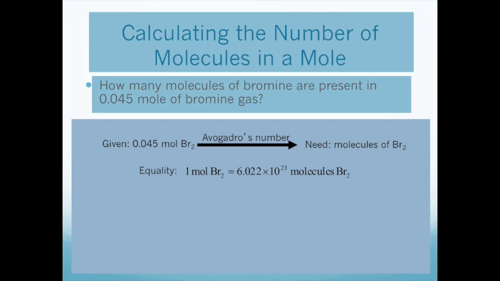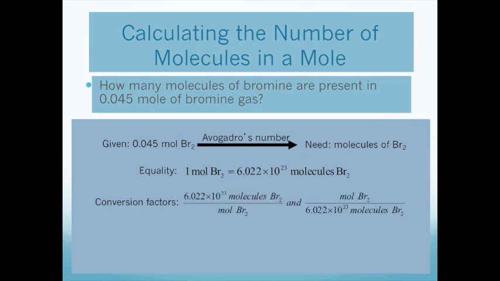So if we turn those into conversion factors, they become fractions, and we pick the one that is arranged properly for our problem. In this case, it happens to be the one with the large number in the numerator and moles in the denominator. So now we set the problem up.